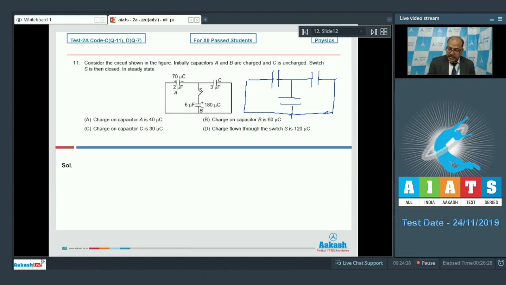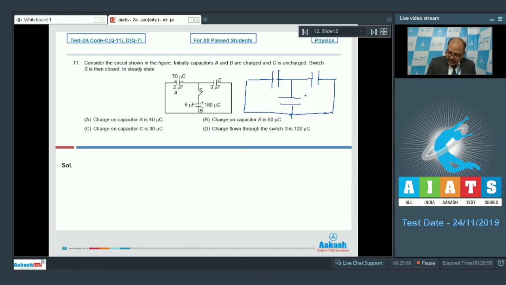A key concept here is that the charges of these plates together will be conserved. So the sum of the charges on these three plates, that is, this plate of capacitor A, the left plate of capacitor C, and the upper plate of capacitor B, before and after closing of the switch will be equal.